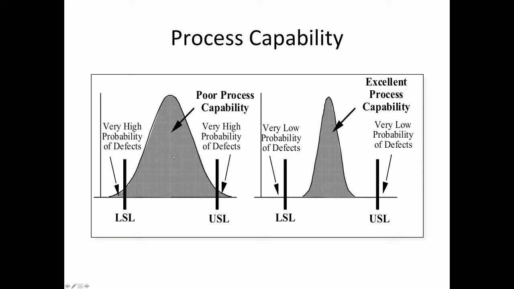This specific example on the left shows process variation that is greater than the allowed variation in my design. That indicates a very poor process. It's not capable of meeting the design specifications. Just by looking at this, I could tell that the CP value is going to be less than 1, meaning that the variation in my process is greater than the variation in my specifications, so the denominator is larger than the numerator in the CP fraction.